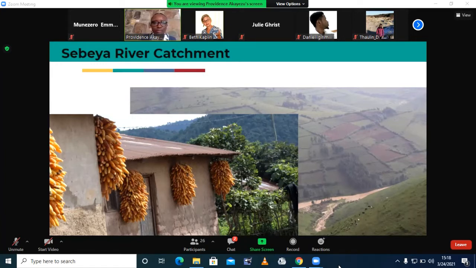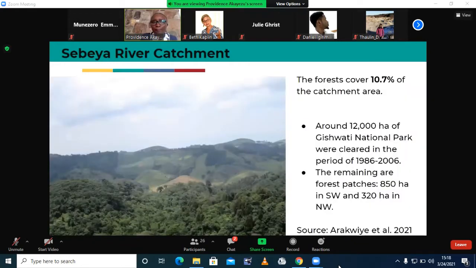These are some photos from the field within the catchment, just to give an understanding of the Sebeya catchment. The catchment also, as I've said, houses Gishwati National Park, previously called the Gishwati Forest Reserve, but very recently, I think in 2017, it was declared a national park.